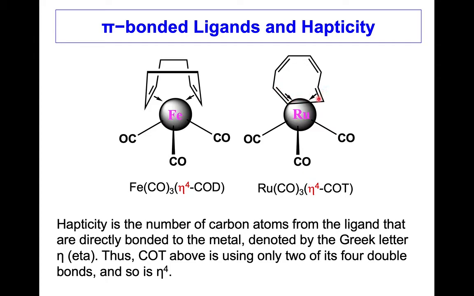This double bond and this double bond are attached, and the other 2 double bonds are just flapping. They're just moving out in space, flapping out into the solvent. So these 2 are very firmly attached to the ruthenium center. These 2 are rotated out and away from the ruthenium center. So this eta notation tells you how many atoms are attached from a ligand.